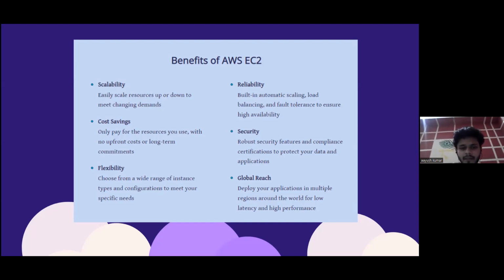If I'm deploying my application in one availability zone, I can also deploy it in multiple availability zones in just one click. So if that happens to one of my availability zones, my website will still be running in another availability zone, and users can be served from that availability zone as well.